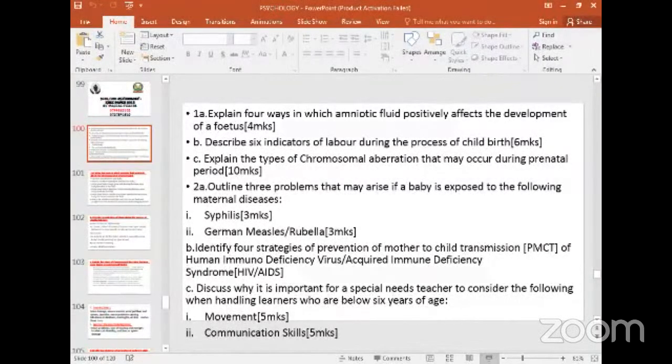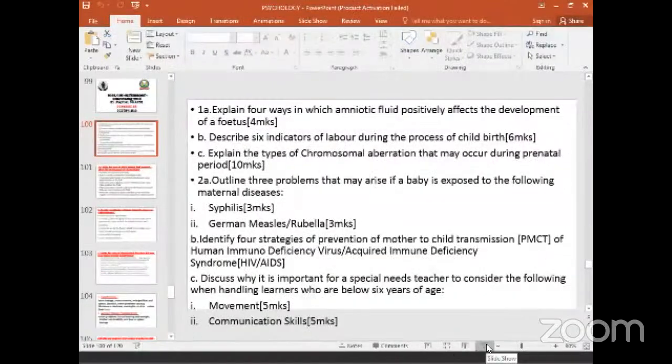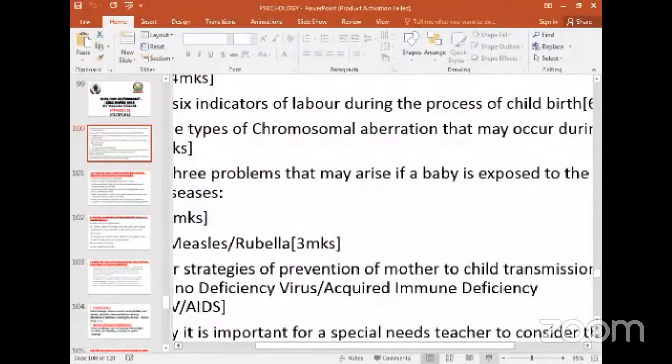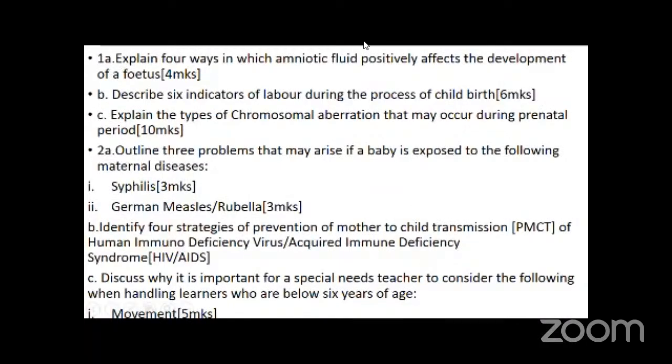It is change in structure and the number of chromosomes. Yes, James, you have said the change in the structure.